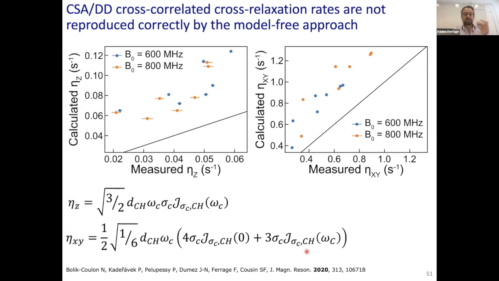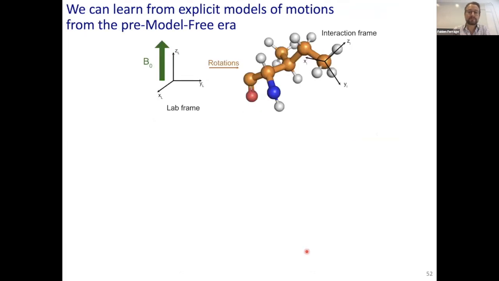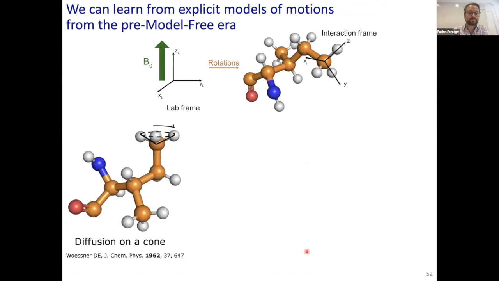So this was complicated because we had to think of maybe going beyond this model-free type of spectral density function. And this required quite a lot of work. I have to say the reason why we did this work was because of confinement due to the pandemic, and a very smart graduate student, Nicolas Bolik-Coulon, decided to tackle this problem because this was something he could do from his home.